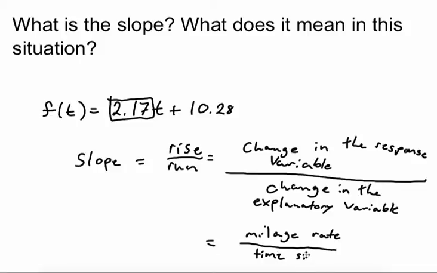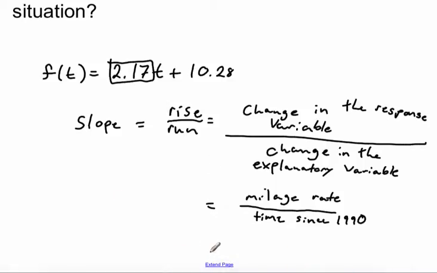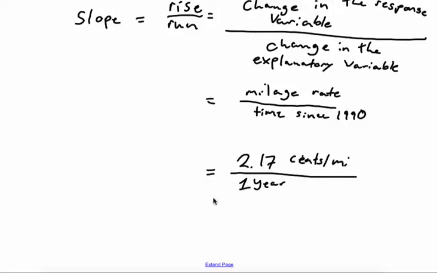So we have this ratio, 2.17 cents per mile over the year, for every 1 year.